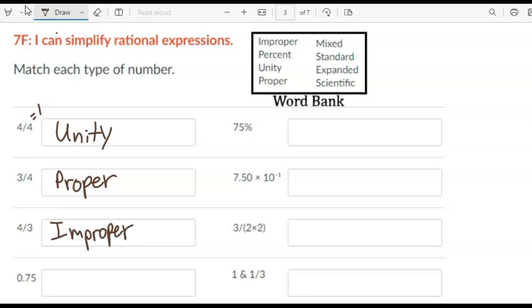Proper fraction is when the top number is smaller and the bottom number is larger. Improper fractions is where you have the larger number at the top.